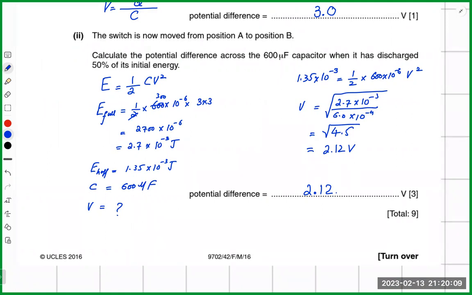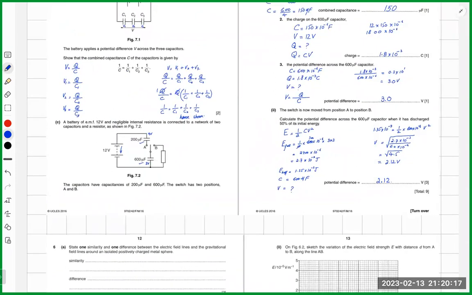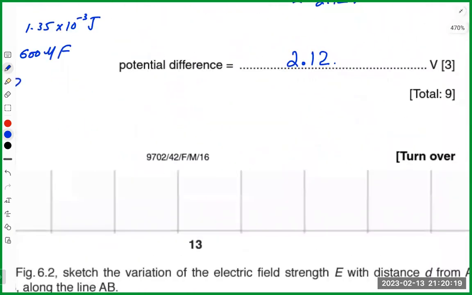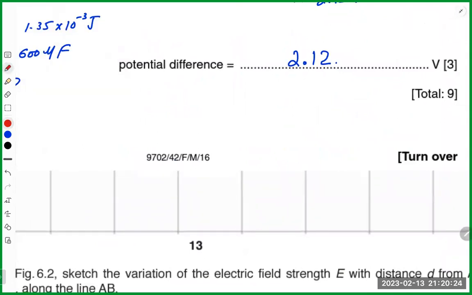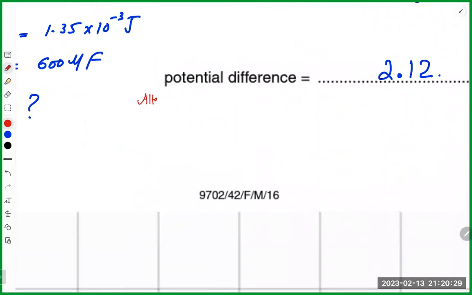Now, this is one way of doing it, the mathematical way. If you don't want to do it the mathematical way, the alternate method is: E is directly proportional to V square.